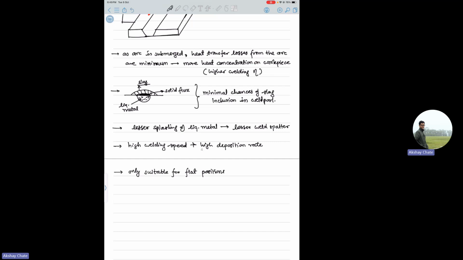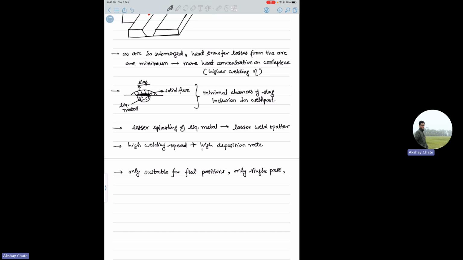In the sense that the flux should not fall down; it should have some stable structure. And you can only do a single pass, because multi-pass welding is not possible here, since it is covered with the flux all the way. If you go back, you will include slag and all those things in the weld pool.